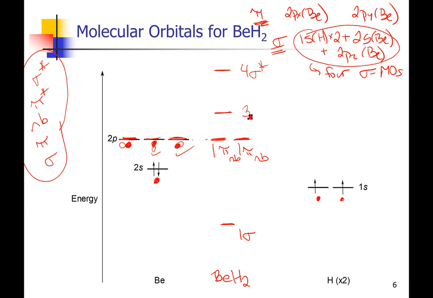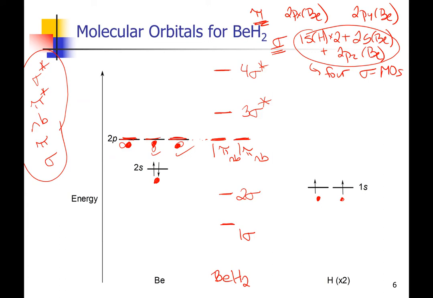The anti-bonding MO oftentimes is going to be higher in energy than the bonding or the non-bonding. Similarly, it would make sense that the bonding MO, the 2 sigma, would be lower in energy than those pi non-bonding molecular orbitals, that it's lower in energy than the atomic orbitals that made it, certainly than the average of the 4 atomic orbitals that made it.